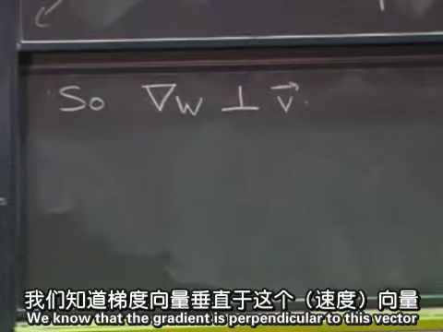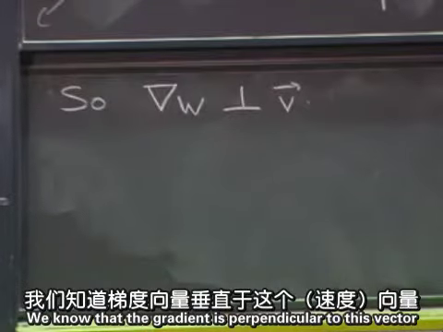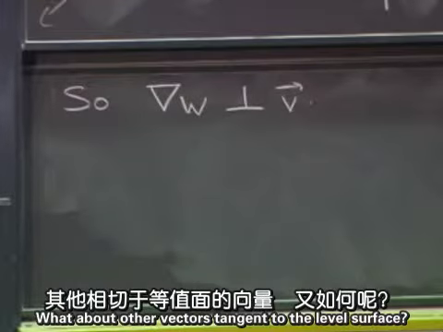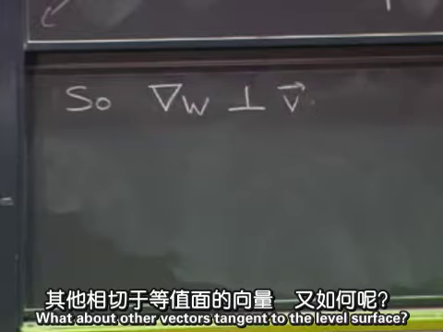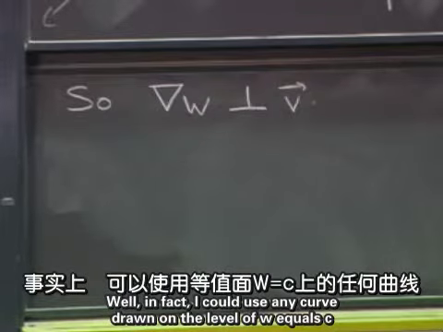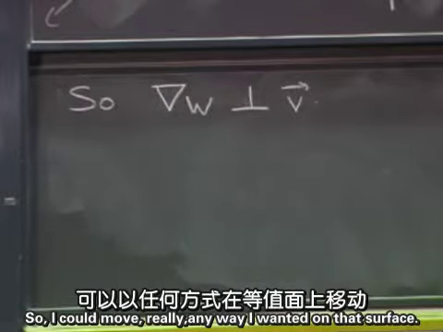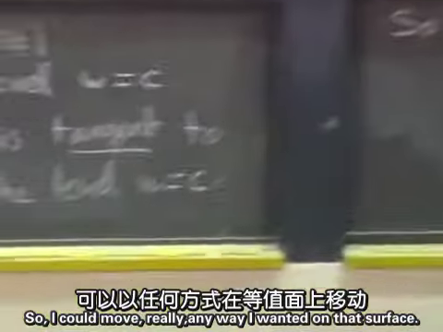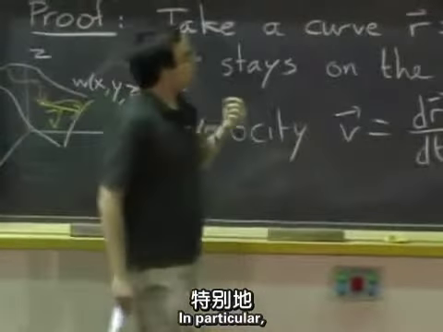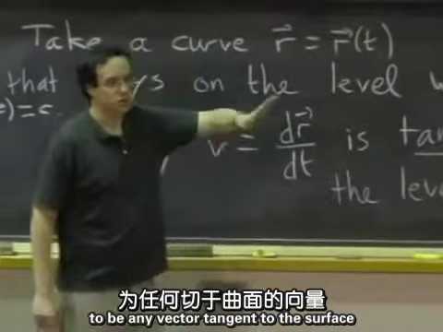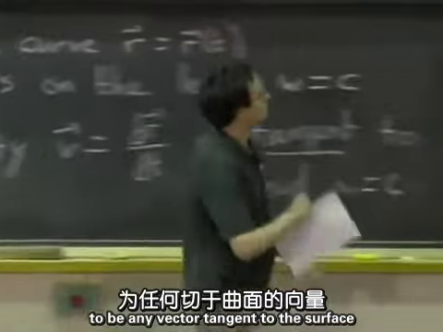We know that the gradient is perpendicular to this vector tangent to the level surface. What about other vectors tangent to the level surface? Well, in fact, I could use any curve drawn on the level W equals c. So I could move really any way I wanted on that surface. In particular, I claim that I could have chosen my velocity vector to be any vector tangent to the surface.